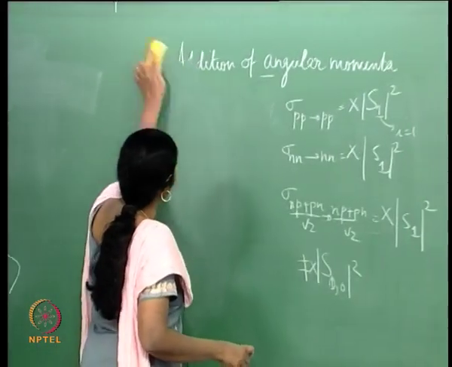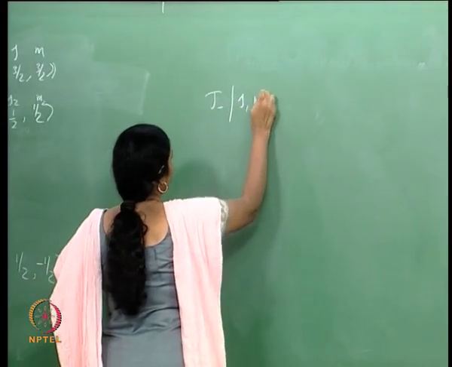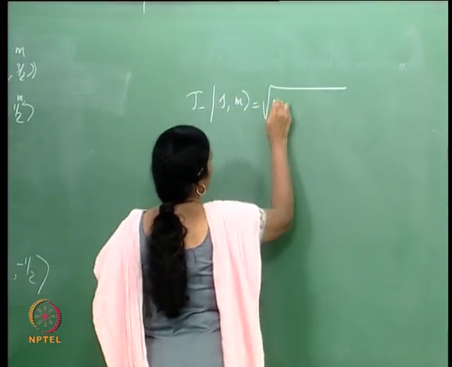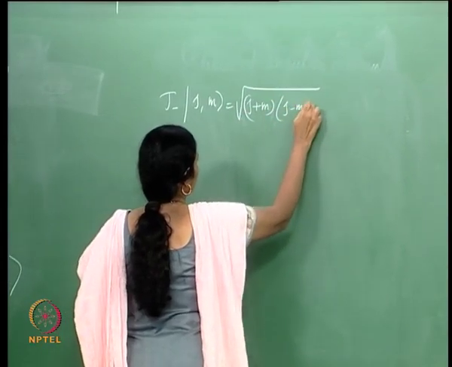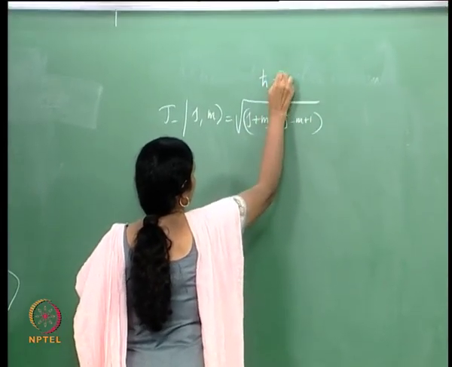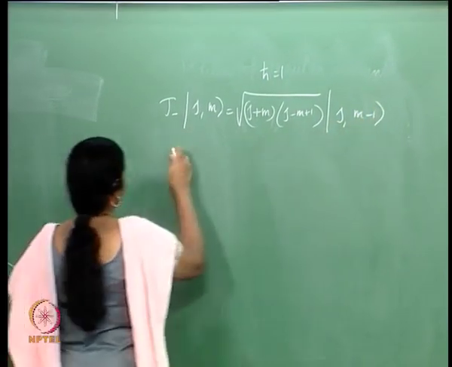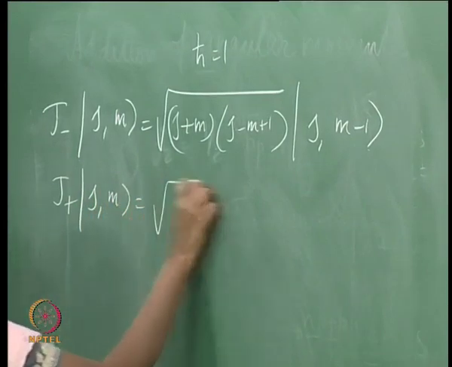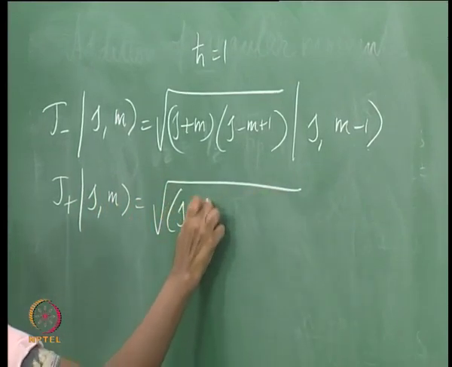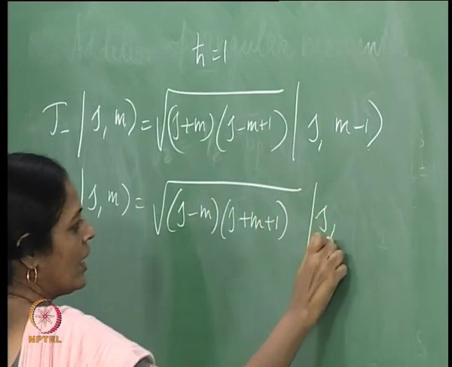I need to remember the following: J minus acts on a state Jm to give me root of J plus m times J minus m plus 1, with H cross set equal to 1, J comma m minus 1, and J plus acts on Jm to give me root of J minus m times J plus m plus 1, J m plus 1.